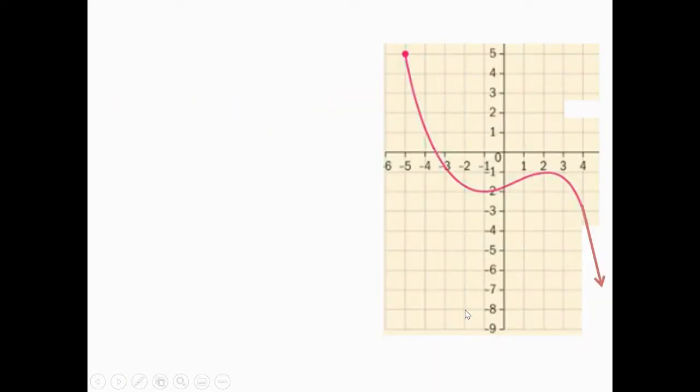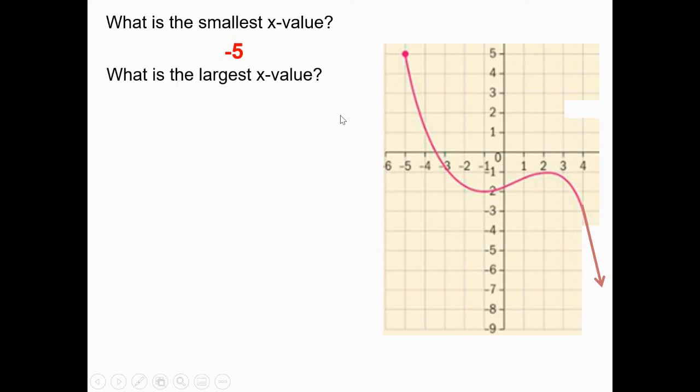All right, try the same thing here. What's the smallest x value? -5. You can see the graph begins here and goes that way. See, -5 is the smallest possible x value. What's the largest possible x value? A little stranger to answer that one, because as you follow this graph, there's an arrow there. There's not a point or a hollow circle. It's an arrow. So that means the graph would forever go diagonally in that direction.